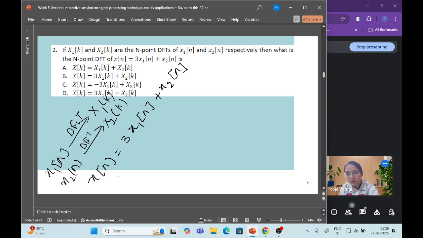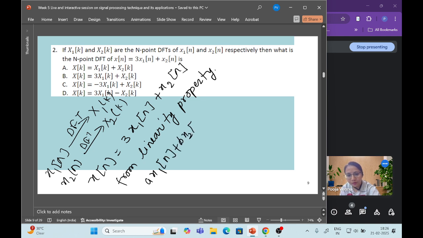From the linearity property, as we know, a x1 of n plus b x2 of n gives a x1 of k plus b x2 of k.